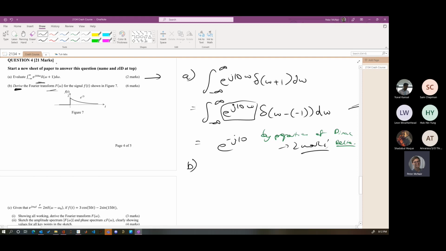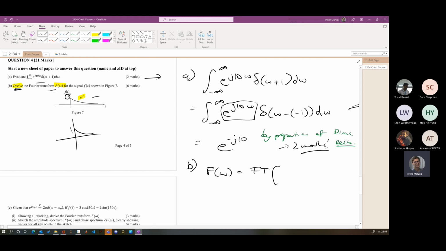So we want to derive the Fourier transform for e to the -2t. Again, F of omega is the Fourier transform of this. Now, note this too. For most of our exponentials, they start at 1, right?